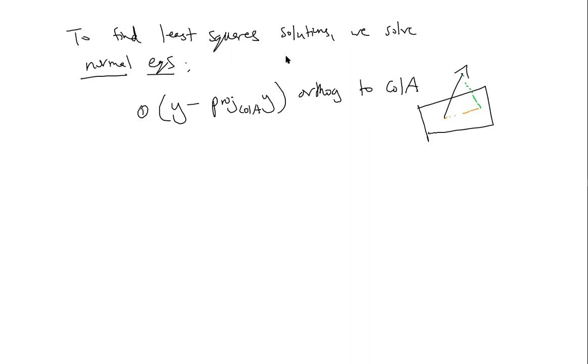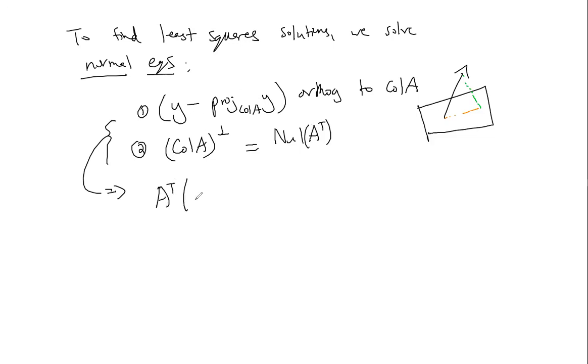And the other fact we're going to use is that the orthogonal complement of the column space of a matrix is equal to the null space of the matrix transpose. This is something we talked about last section. And so putting them all together, we get that this vector is in the null space of A transpose.